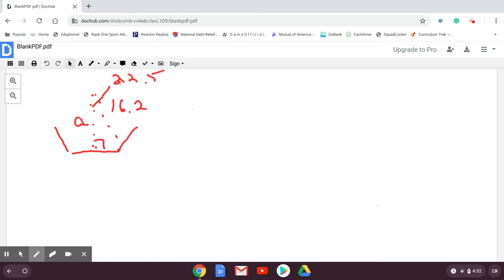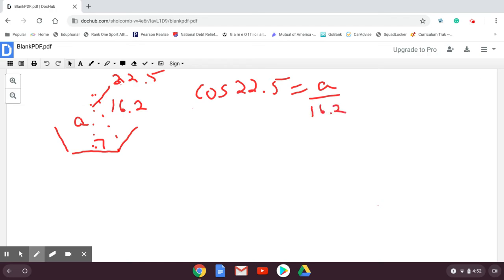All right, so a different calculation. This is an adjacent side over the hypotenuse. Sine is opposite over hypotenuse. Cosine is adjacent over hypotenuse, so we're going to use a cosine calculation. Cosine of a 22.5 degree angle is equal to my adjacent side a over my hypotenuse 16.2.